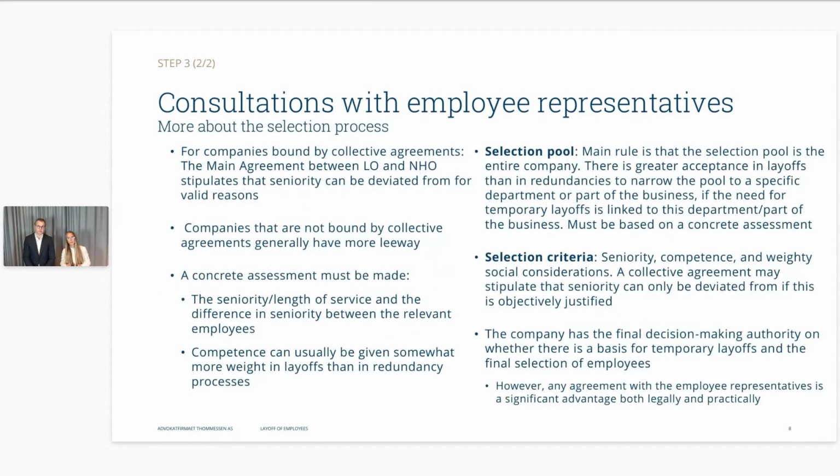An important issue that needs to be discussed with union representatives or employee representatives is the selection of which employees will be temporarily laid off. The selection process for temporary layoffs is generally quite similar to the selection process in the event of redundancies. The selection must be objective, reasonable, and based on objectively justifiable criteria.